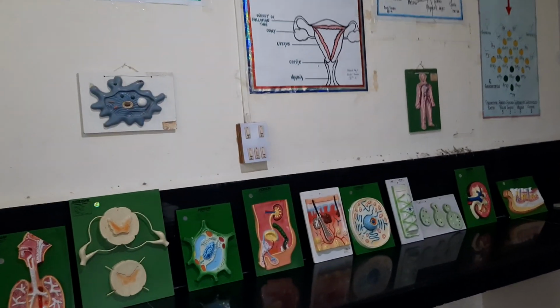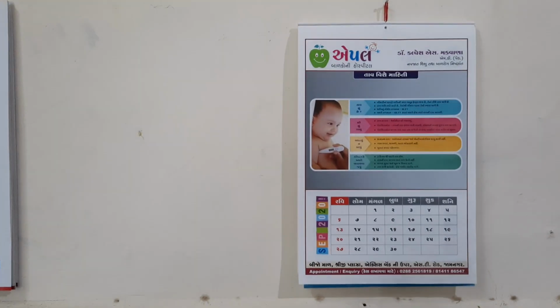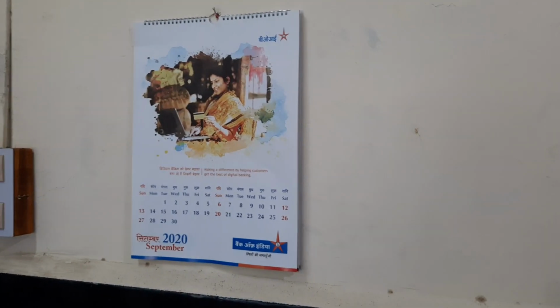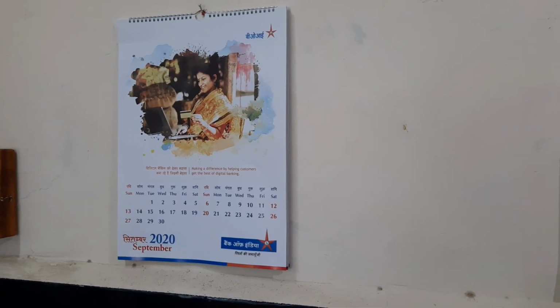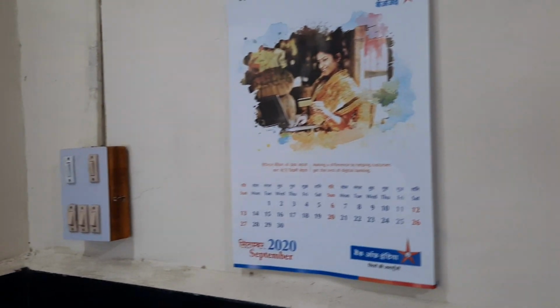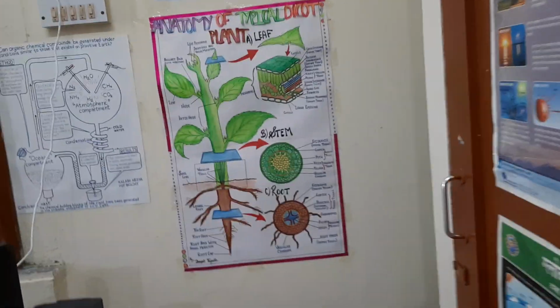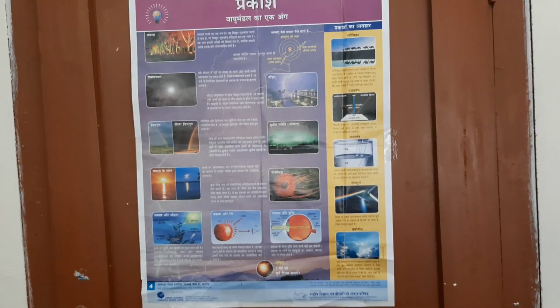And finally, I have some calendars in the local language and in an international language for deadlines, and we got some charts from science communities, for example Children's Science Congress.